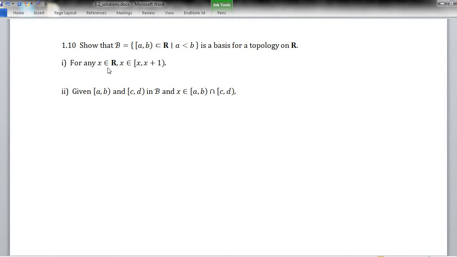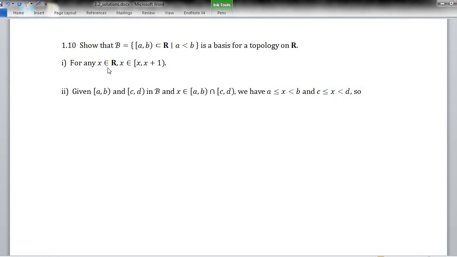Well, what does that mean? x being in the interval from a to b means that a is less than or equal to x, which is less than b. And x contained in the interval from c to d means that c is less than or equal to x, which is less than d.